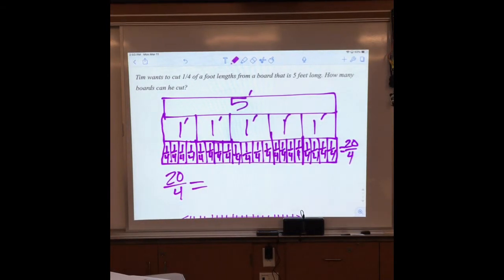He'll have 20 boards. And those are 20 fourths, which really means this, and that would be 5. That's what we started with up here, right? That's how you can check your answer to make sure it's right.